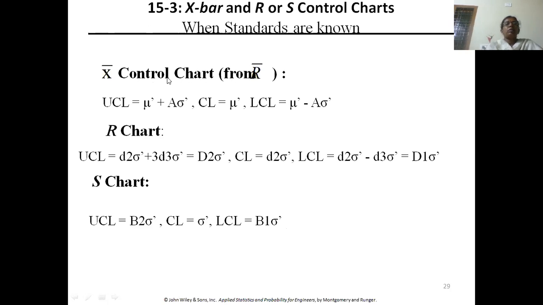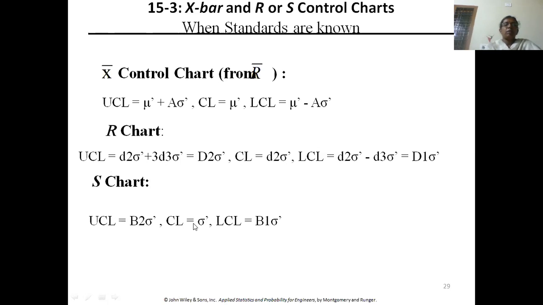So these are the control charts, the X bar control chart from R bar. UCL is mu plus A sigma, CL is mu, LCL is mu minus A sigma. Similarly, the R chart is UCL equal to D2 sigma, CL is small d2 sigma, LCL is capital D1 sigma. All these constants will be given in the quality control tables. This is the S chart, also known as the standard deviation chart.